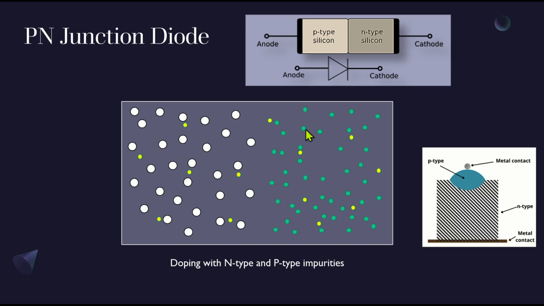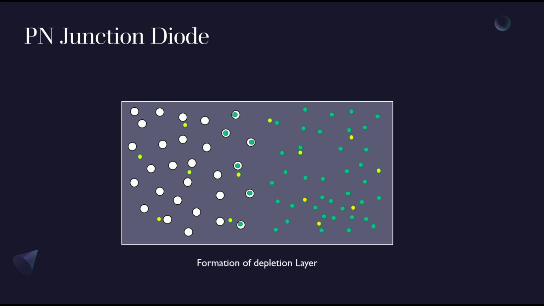As soon as the doping is over, there is no other force acting over them. So the electrons will try to pair with the holes. As you can see here, the electrons will get combined with the holes.